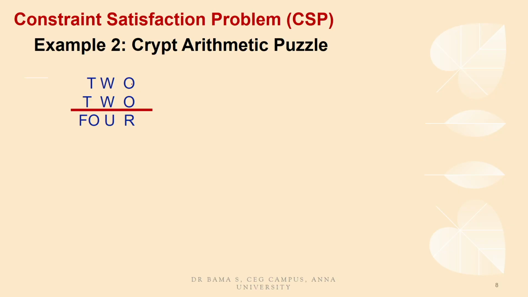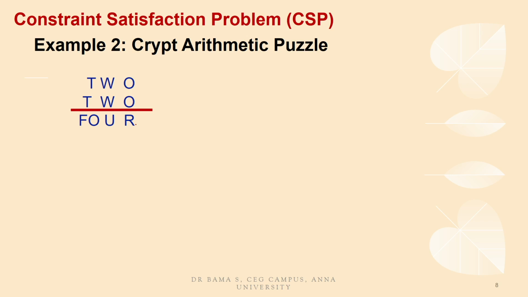Coming to the second example, this is a cryptarithmetic puzzle that you might have solved when you were young. It goes like this. We have 2 words, one at the top and one at the bottom, here TWO, TWO, which represent integers.